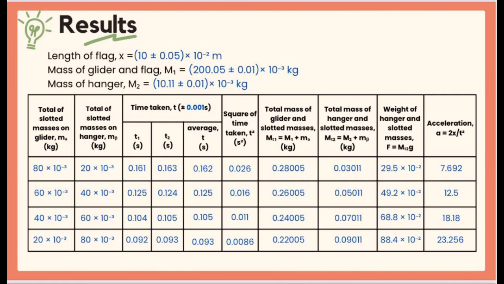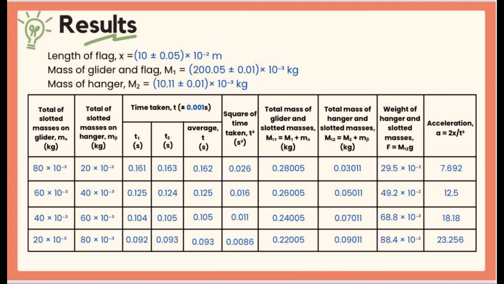Square of time taken, t squared. First one is 0.026, 0.016, 0.011, 0.0086. And the total mass of glider and slotted masses, MT1, is equal to M1 plus M in kilogram.